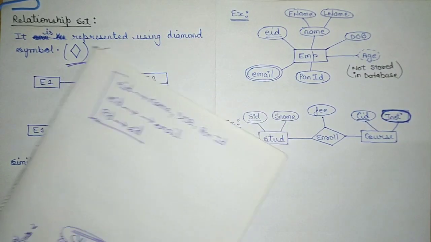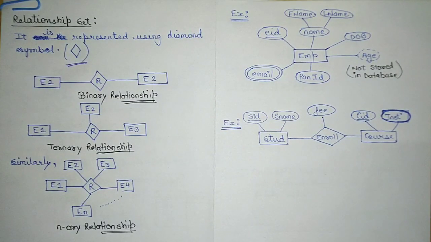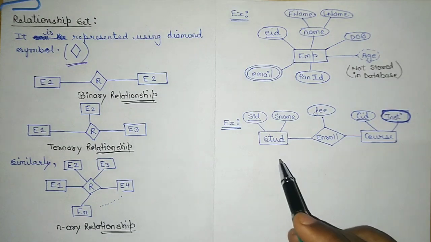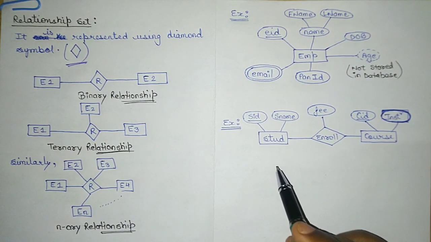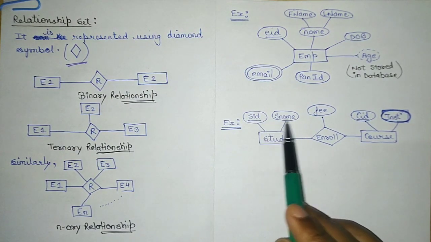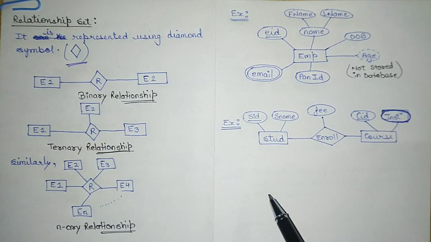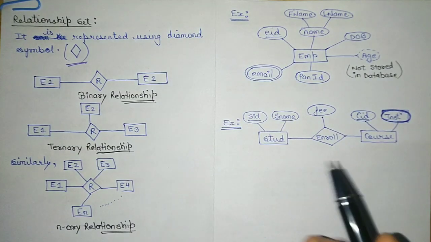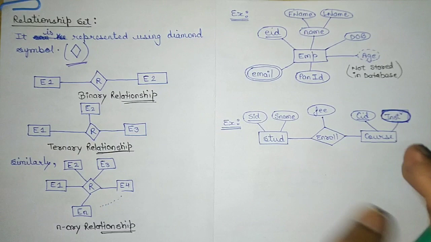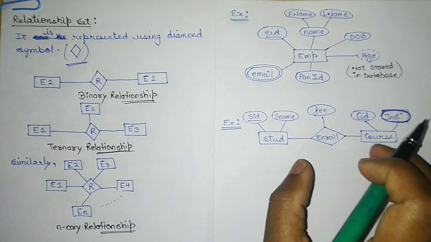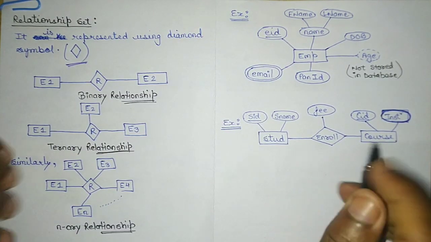Now let's see this second example. In the second example you can see that I am having a particular ER diagram. So this is an ER diagram with the attribute shown in the oval symbol, right? Now I just want to let you know how the table for the relationship is formed.